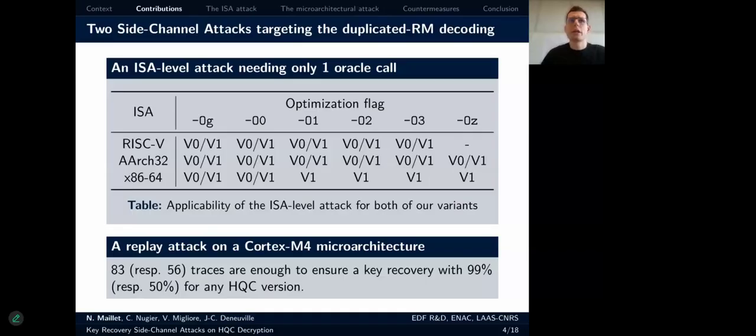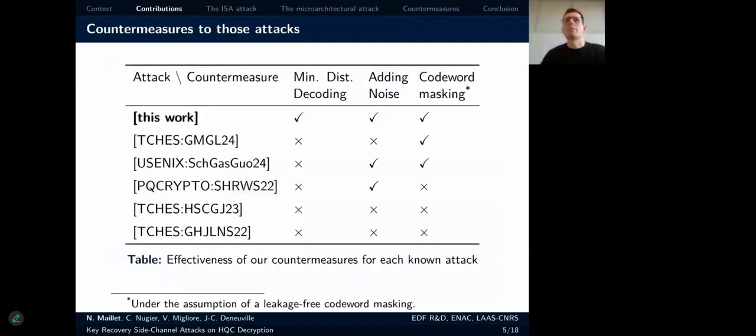In this case, 83 traces are enough to ensure full key recovery with 99% chance for any HQC version. We also proposed some countermeasures. We looked at three of them: the minimal distance decoding, adding noise, and code masking.